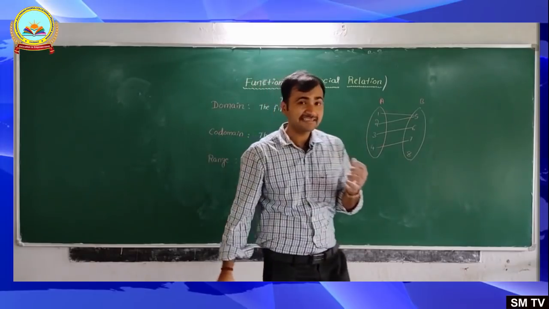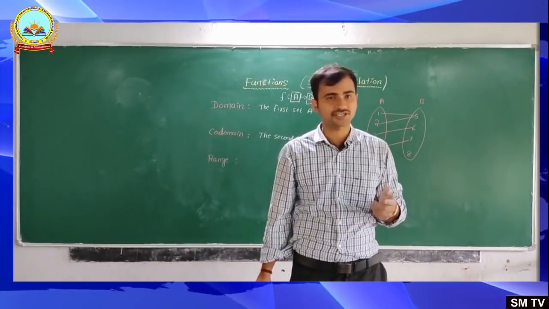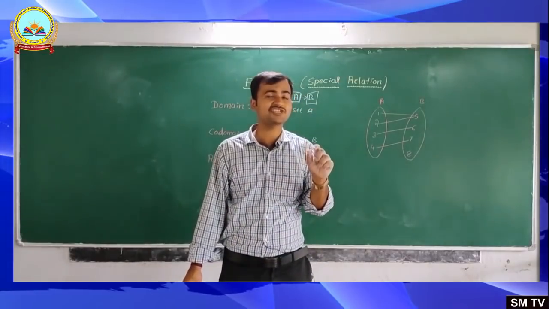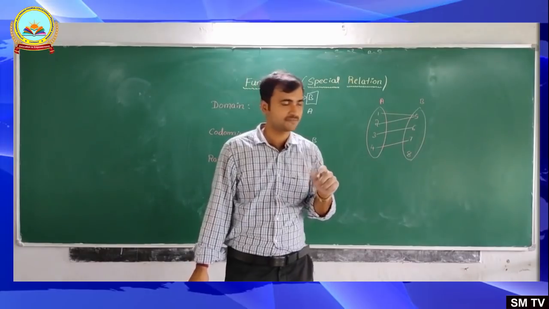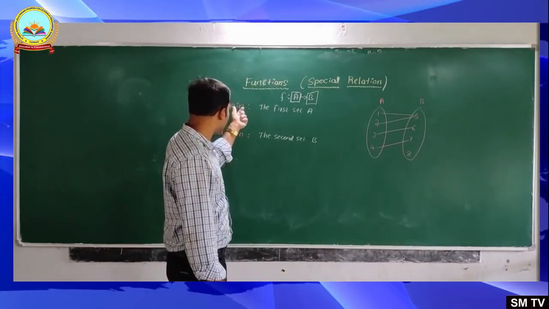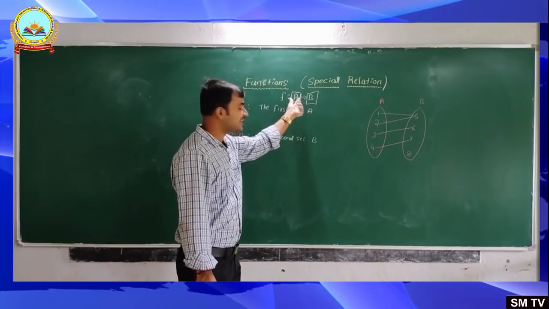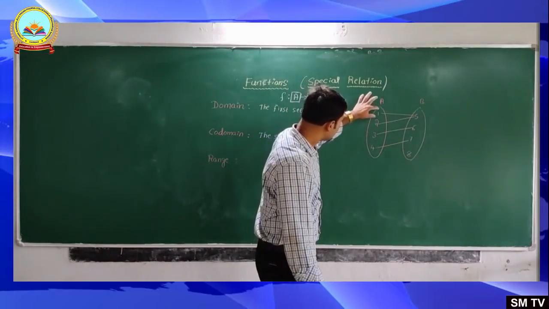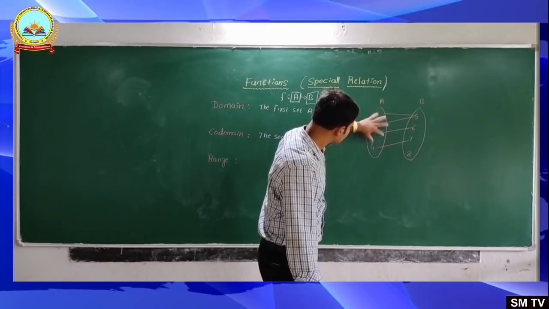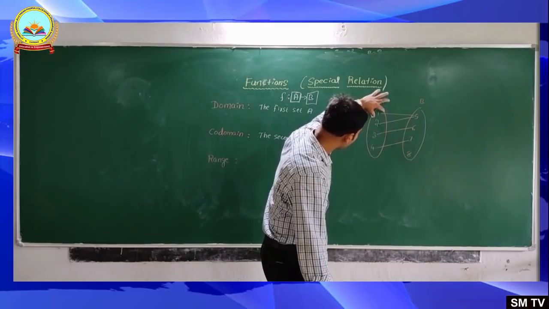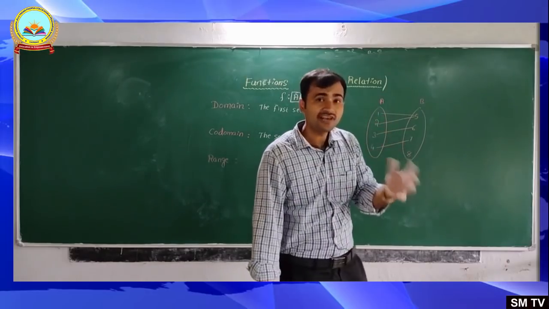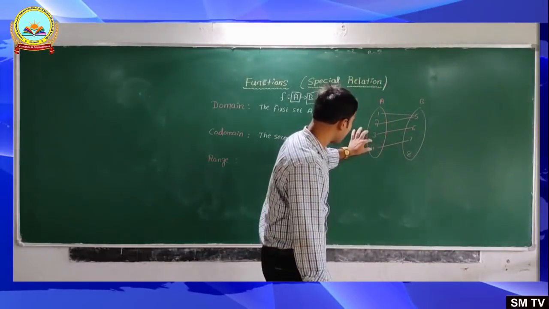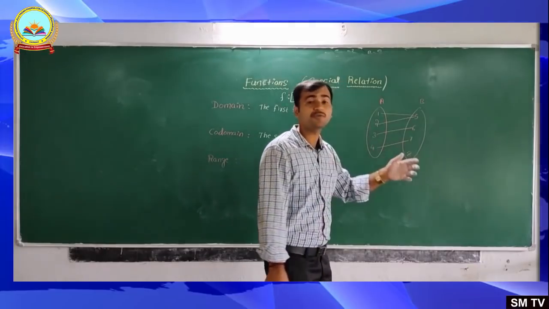Okay, so codomain is the same as in the case of a relation, but for domain in a relation we say the set of first elements in the ordered pairs, while in a function we say this first set itself is domain. Why? Because here all the elements in set A will be there as the first element in an ordered pair, because if any element is not there then it will not become a function.